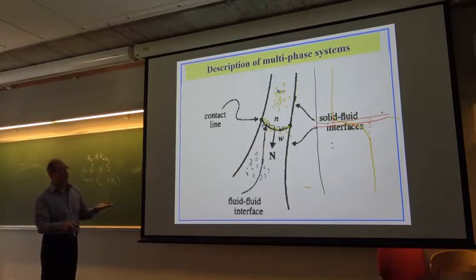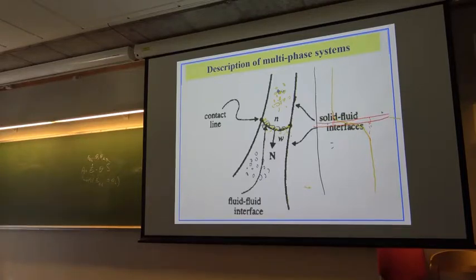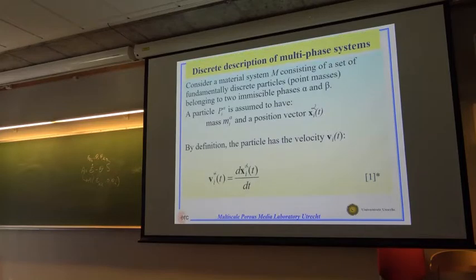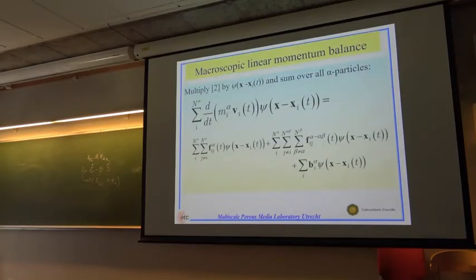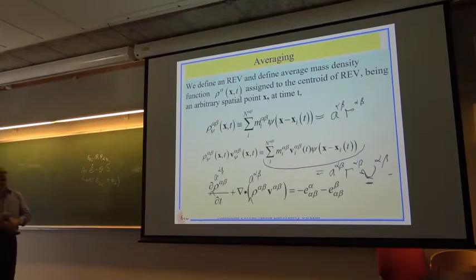What I do, as Dick said, is I have a large REV, and in that REV, I say, okay, there are alpha particles, beta particles, alpha beta particles. They are a finite number, finite mass, and I add them all together and I get this mass density.